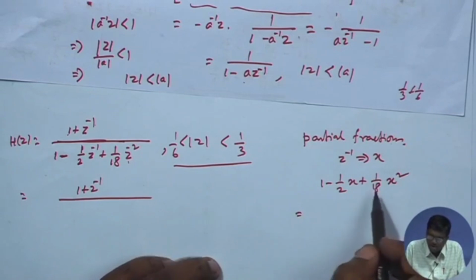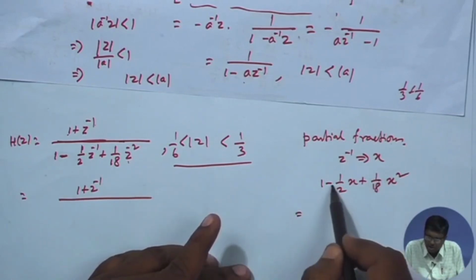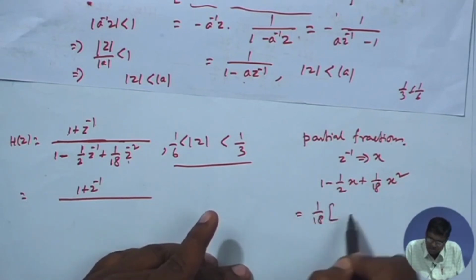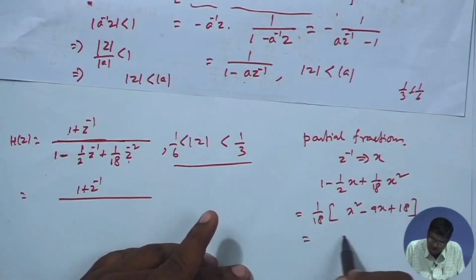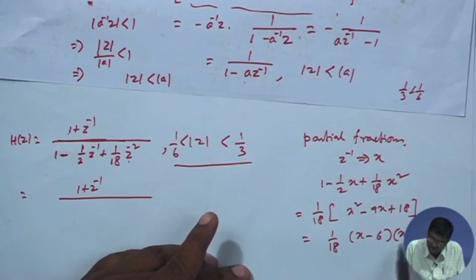You can take 1 by 18 out, so x square minus 9 x plus 18, which gives 1 by 18 times x minus 6 times x minus 3.